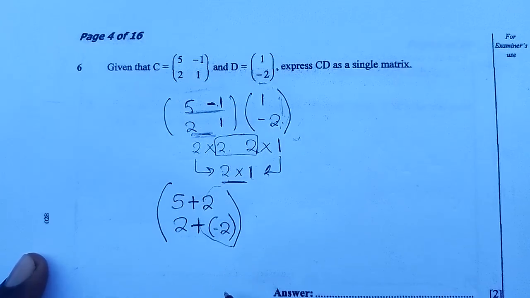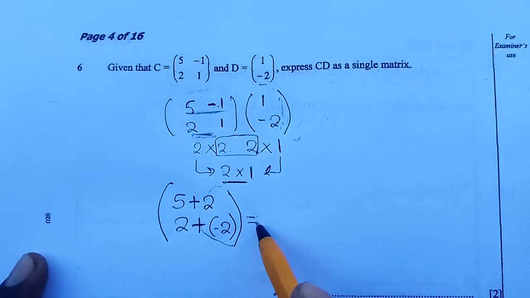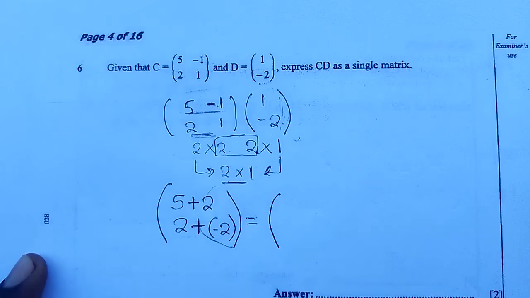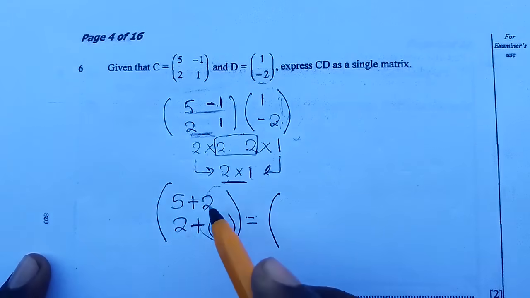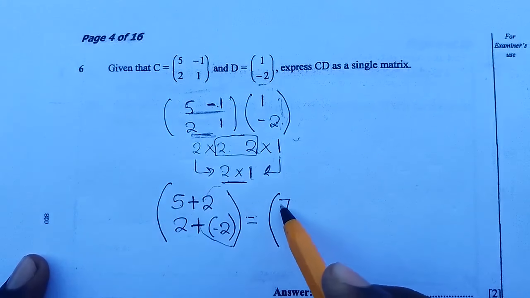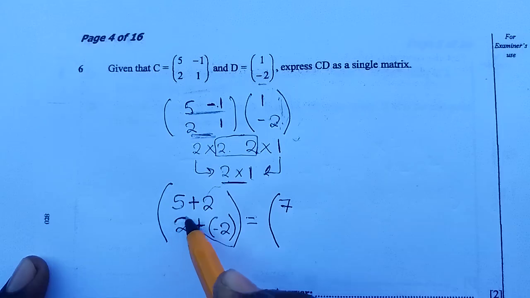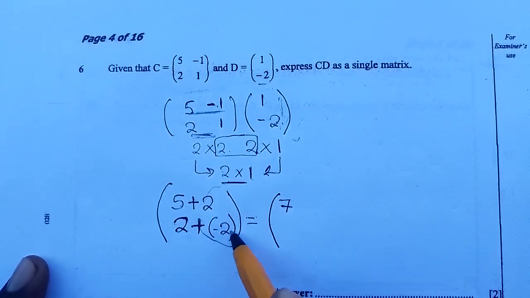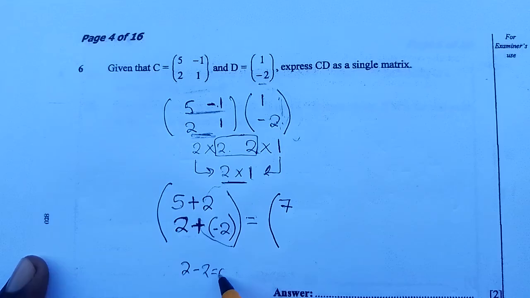Have you seen? Then finally, what answer am I going to form? The answer will be, what is 5 plus 2? It will be 7. Then what is 2 plus -2? A positive times a negative gives a negative, so it's 2 minus 2, which is 0. You are just getting a 0 there.